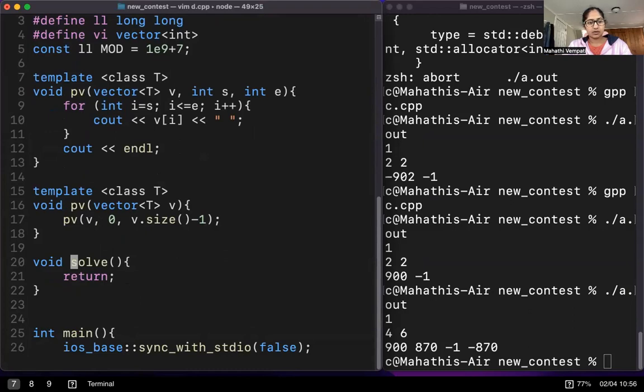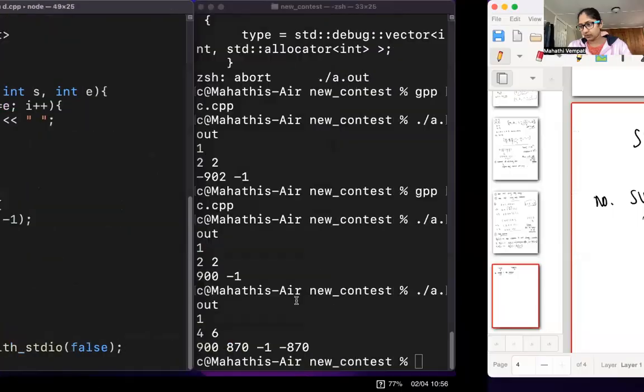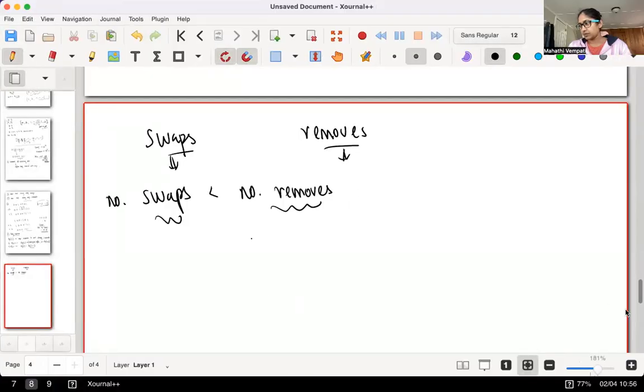So first for swap, I'll need the number of inversions. Right? So for inversions, I'm just counting.